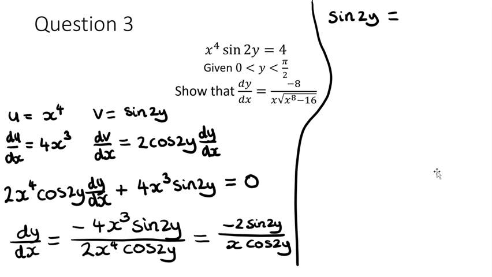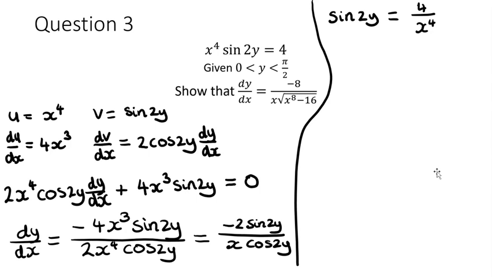Therefore, sine 2y is the same as 4 divided by x to the power of 4. So that's useful. I can now replace sine 2y with 4 over x to the power of 4, and now everything is in terms of x, for the sine 2y at least.